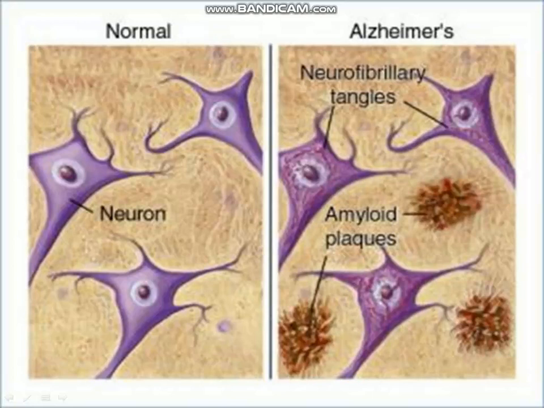The extracellular amyloid plaque will interfere with the normal communication between the neurons, while the tangles, which is intracellular, will impair the function of the neuron itself, causing the Alzheimer's disease.